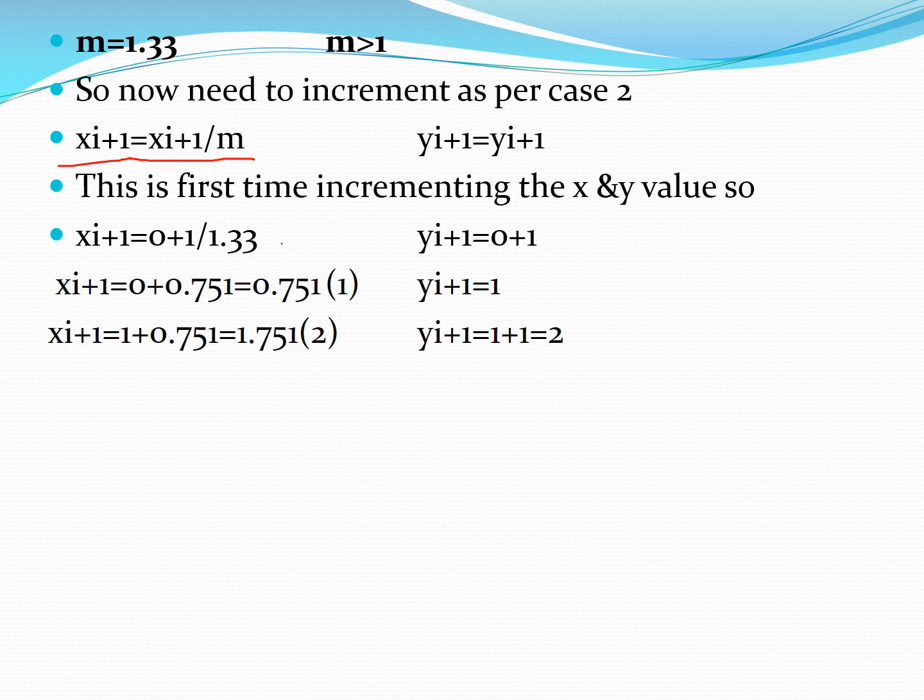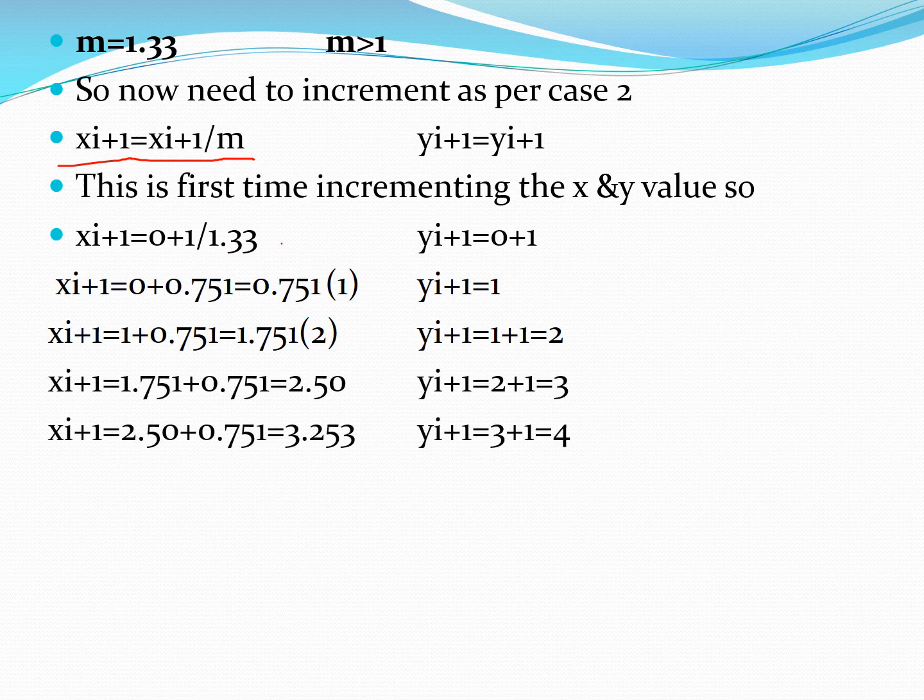So I hope this is clear. Means we are taking the initial point and the next pixel value. Suppose this is the initial and this is the final pixel. So see here, this is the initial point and this is the pixel as the final.